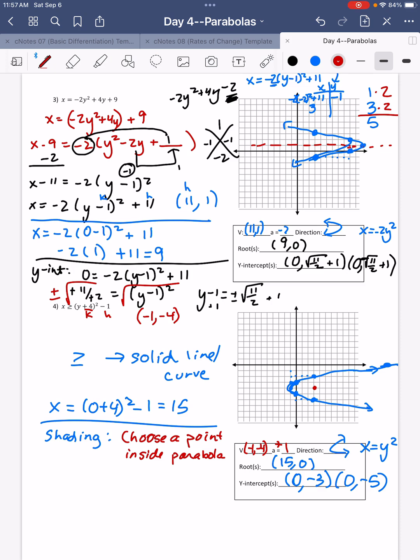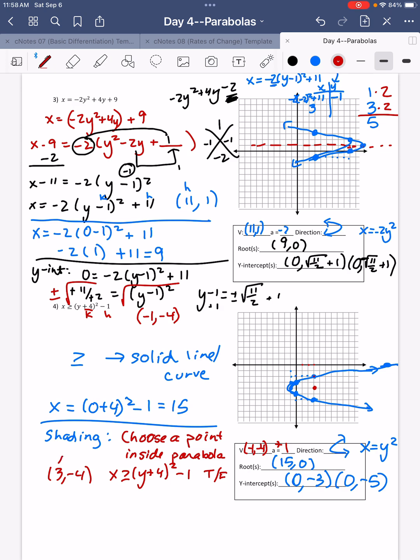So that is the point 3, negative 4. And I just want to see if that point makes my inequality true or false. If it makes the inequality true, then that point is in the shaded region. If it makes the inequality false, then I will shade outside the curve.